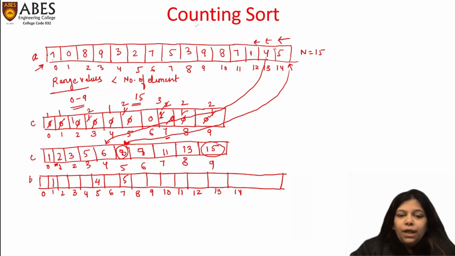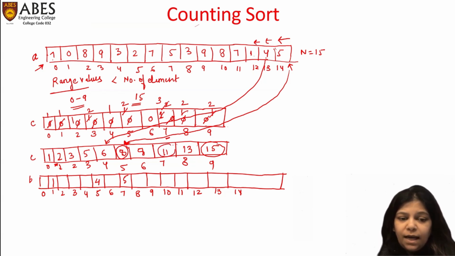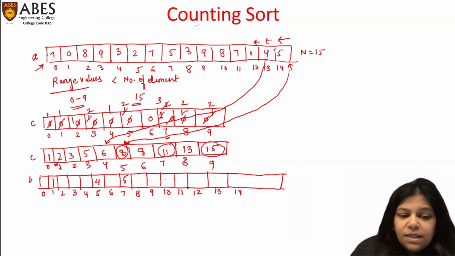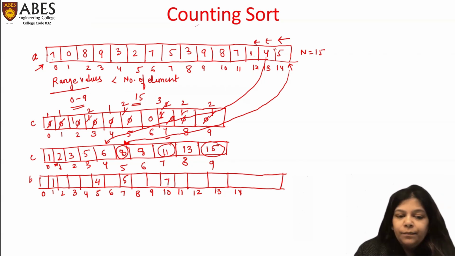For 7, the value stored in the counting array is 11. So the number of elements less than or equal to 7 are 11. So that means this will be stored at index 10. Right? In this way, we will keep on filling the values.